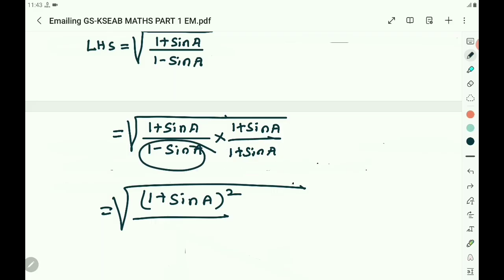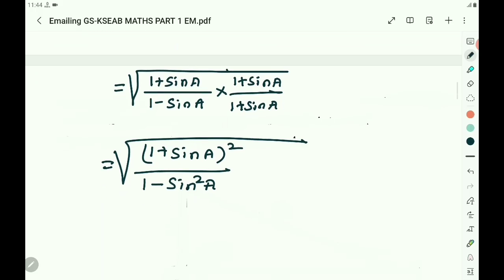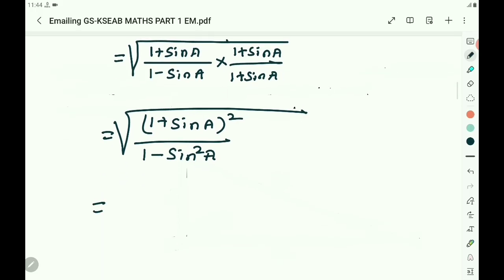Here you can use the identity A minus B into A plus B. A minus B into A plus B is A square minus B square. 1 minus sin A into 1 plus sin A is 1 square minus sin square. 1 square means 1. 1 minus sin square A equals whole root.